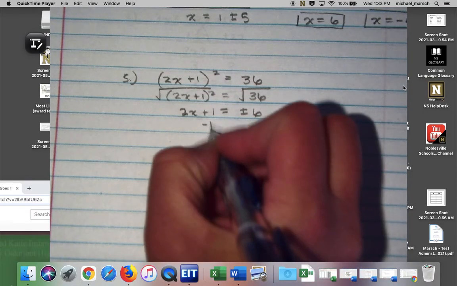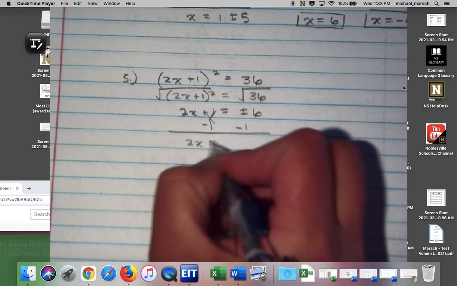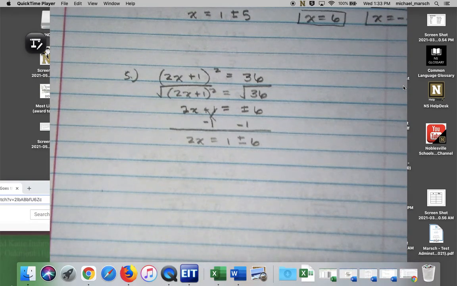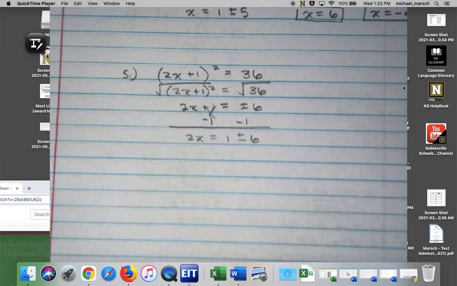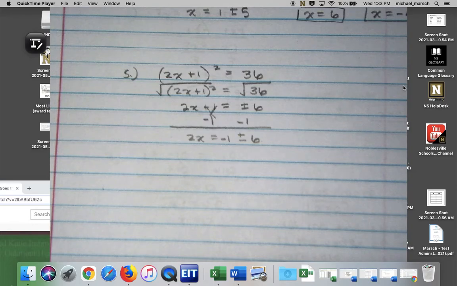So I'm going to subtract the 1. So now I have 2x equals negative 1 plus or minus 6. Plus or minus 6, thank you. What was that question?